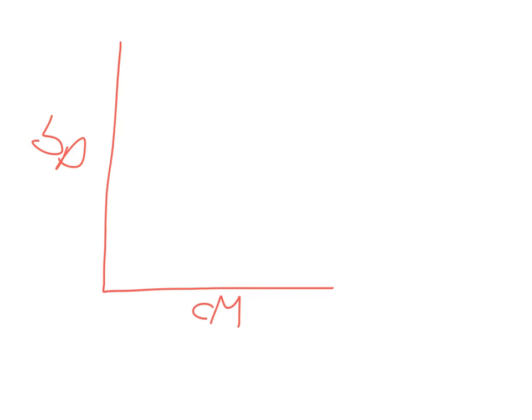So here's a graph of physical distance, base pairs on the y-axis, and genetic distance between 2 genes, centimorgans, on the x-axis. Now it would be really nice if there was a linear relationship so that you knew that if 2 genes were 5 centimorgans apart, they were, I don't know, 100,000 base pairs apart.